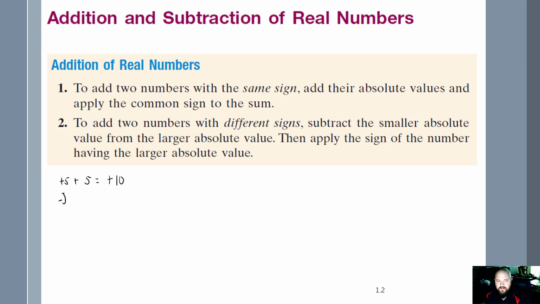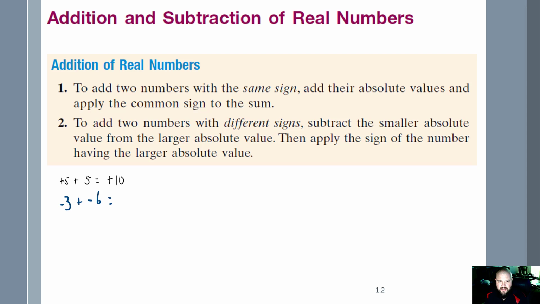Same thing if you had negative 3 plus negative 6. They have the same sign, so we're going to add the absolute values and apply the common sign to the sum.